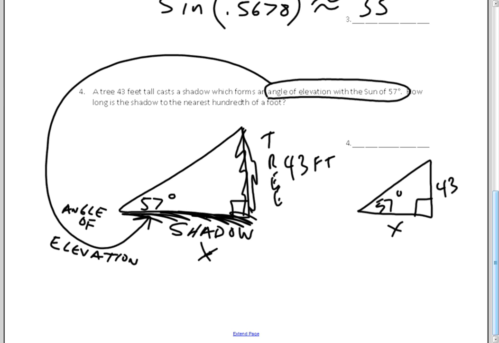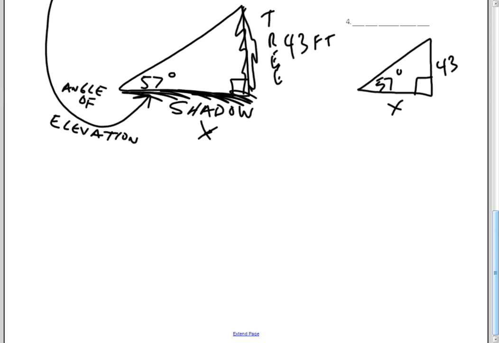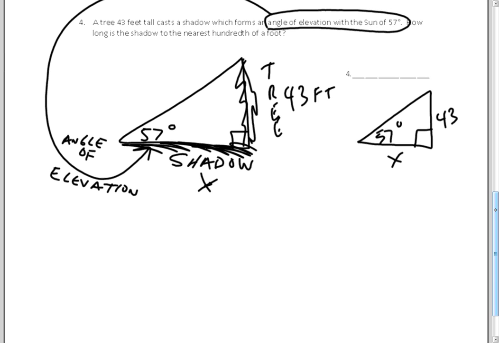If you do that, I'm looking at opposite and adjacent. That's tangent. I'm looking for a side.